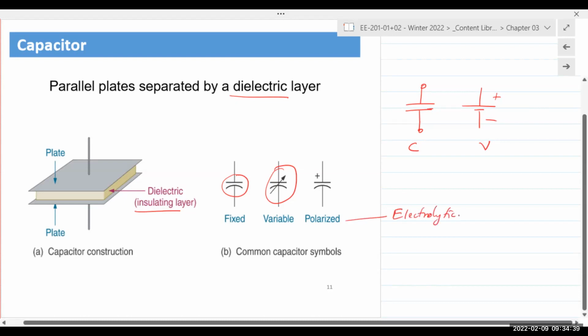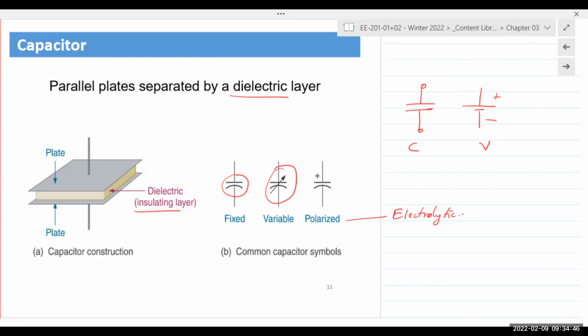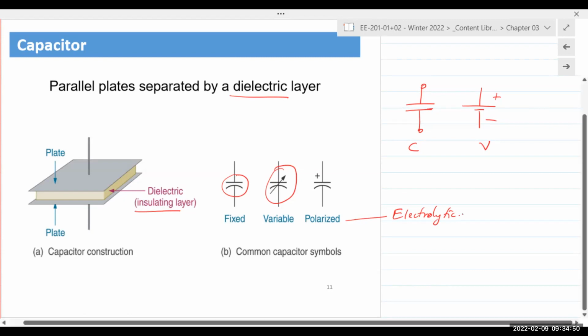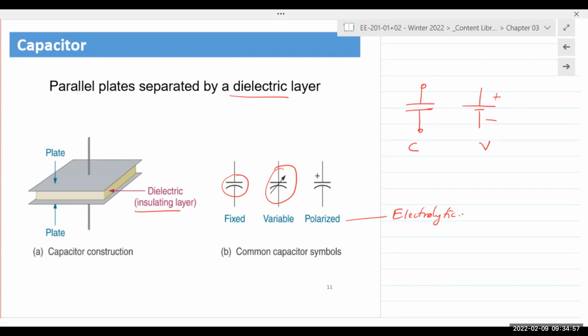The reason they're polarized is because, to increase the capacitance with a small area, they take two conducting films and roll them up. The insulating material between the two is a very, very thin gel.